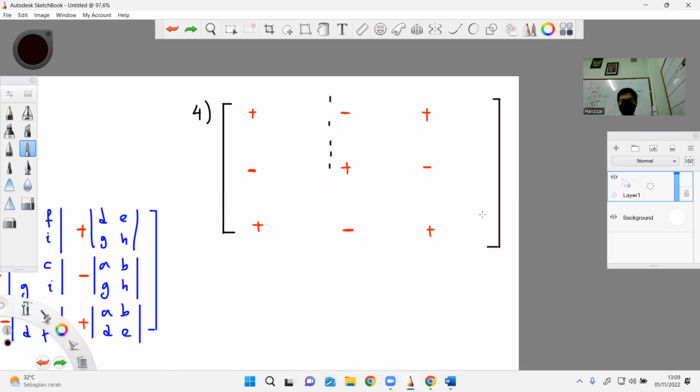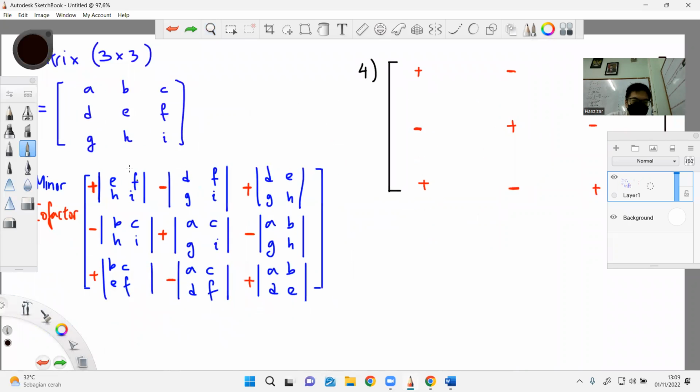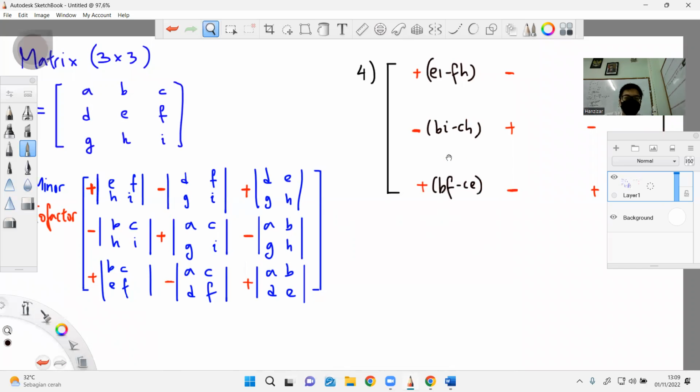You're wasting time. So you need to find the determinant of E, F, H, I: E I, down right first, subtract F H. Next, B I minus C H. Next, B F minus C E. It will be very painful to understand this, but if you go with numbers, it will be very easy. Later, I'll prove it to you.